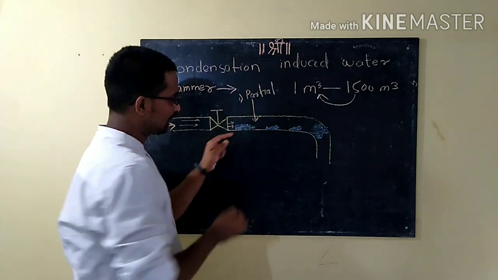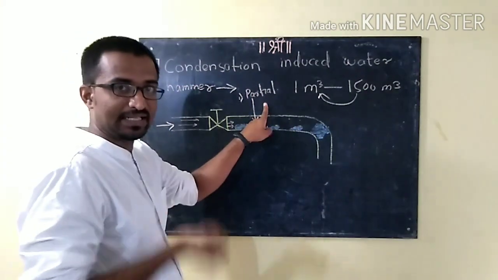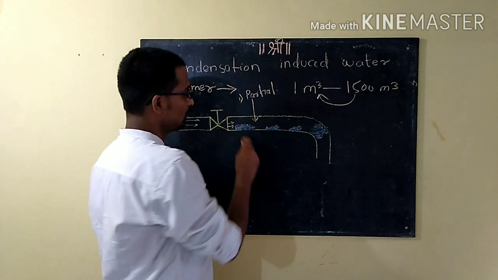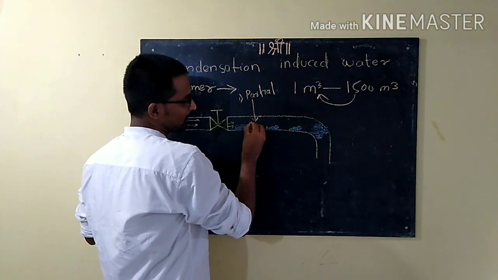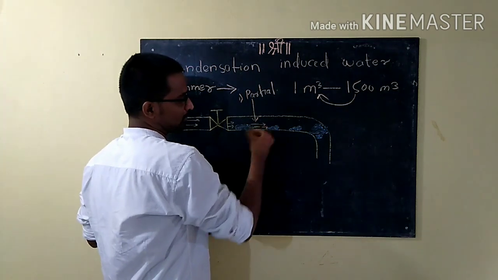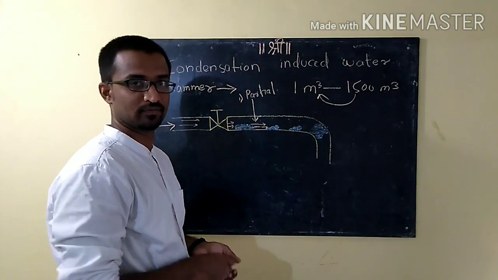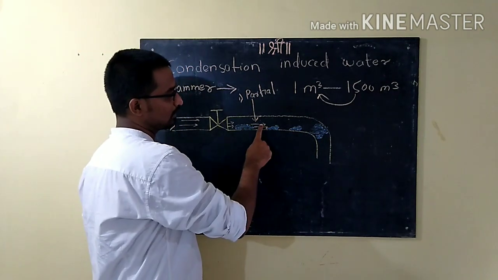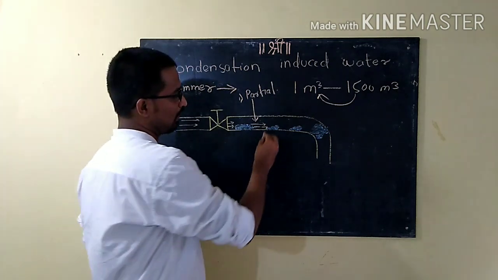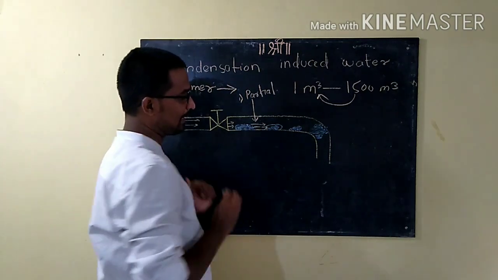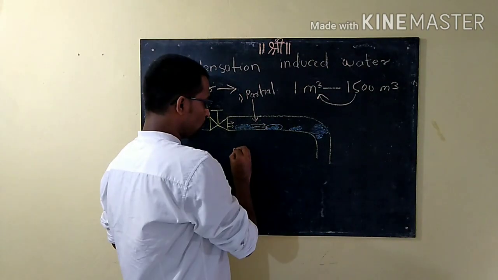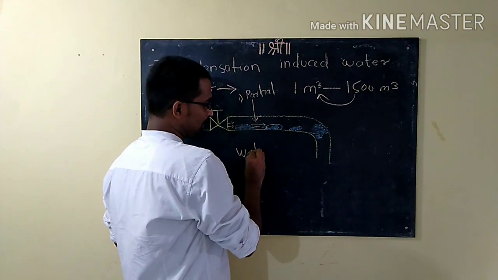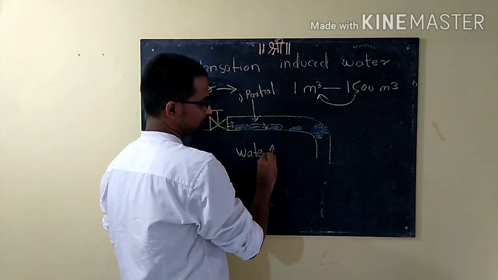Because of that, the partial vacuum increases and it rushes further. Along with the steam, it carries water also. Again here the steam contacts the water, some steam condenses, and acceleration increases again. It goes further and the water velocity increases too much.